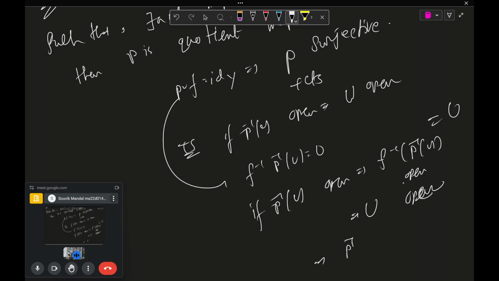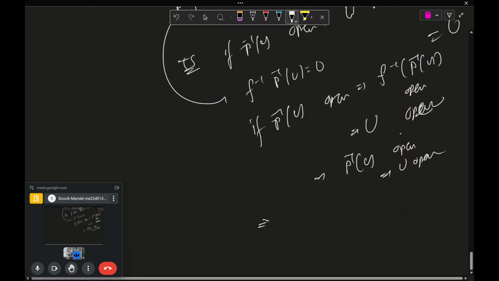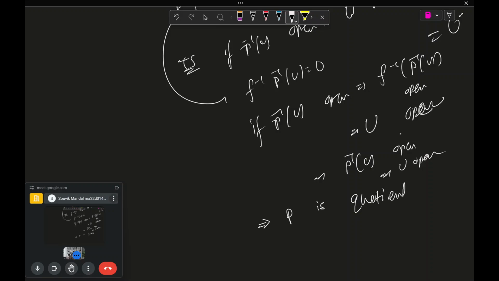So p inverse of U open implies U open. So this implies p is a quotient map, right?